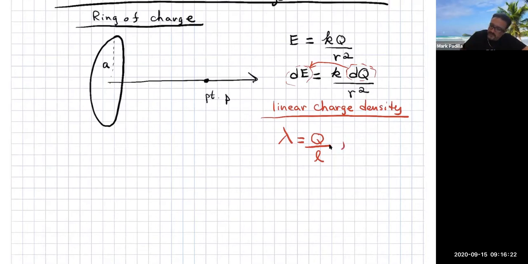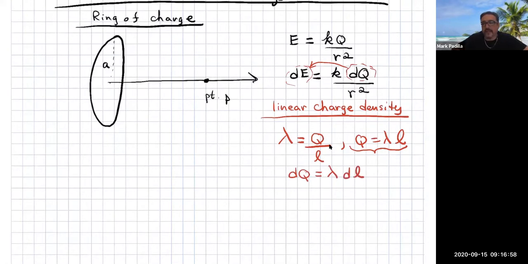We can rewrite it as Q is equal to lambda L. Lambda, our linear charge density, is going to be constant for now. Chapter 22 is going to deal with playing with that a little. So we can define dQ in a different way. I'm going to make that a differential now. If I make dQ a differential, that means I have to write dL.